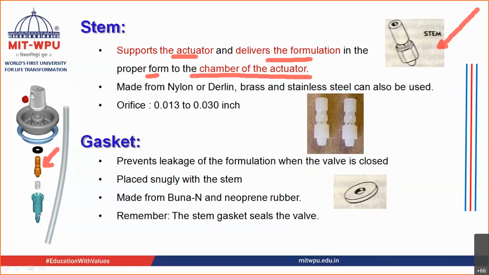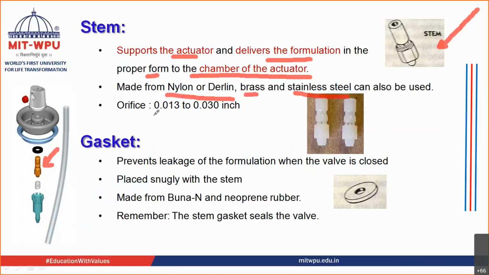So from the dip tube, the material is delivered inside this actuator through this stem. They are basically made up of nylon or Delrin. They are also made up of brass. They can also be made up of stainless steel. So all these materials are used in order to prepare a stem.